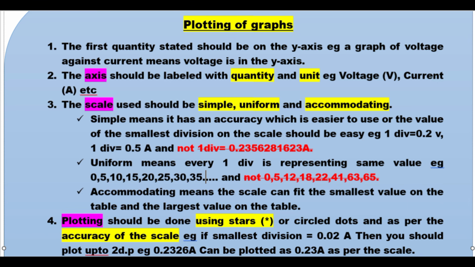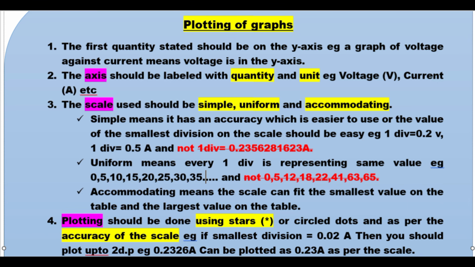For example, the smallest division can be 0.2 volts, or 0.1 ampere. But if the smallest division on the scale has a value like 0.23562816233 ampere, definitely that is not a simple scale, because it is not easy to read. The accuracy, or the smallest division, should represent a small value.